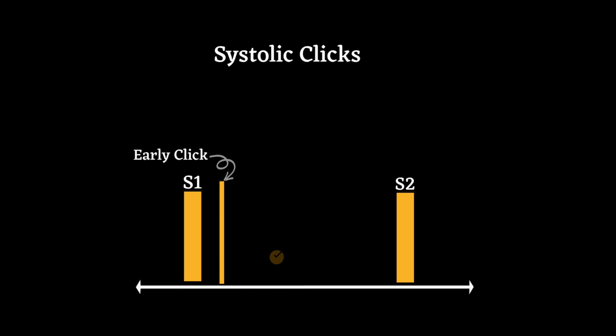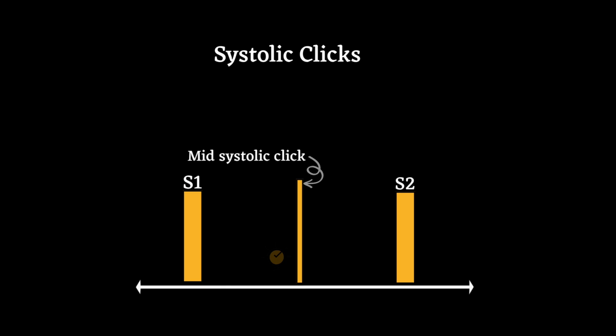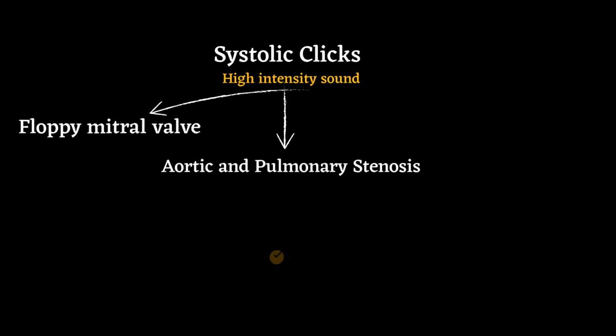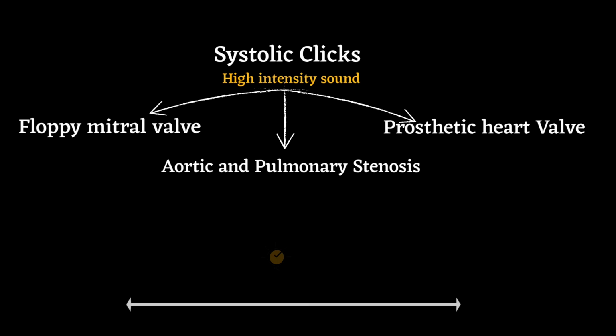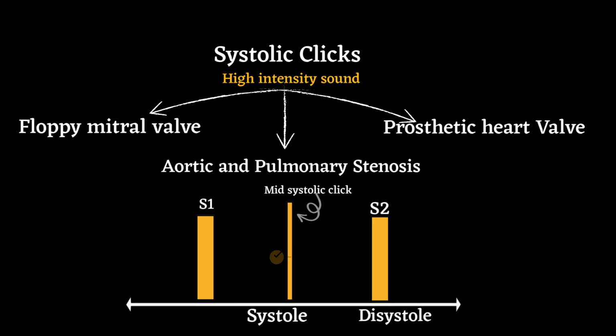Other sounds include systolic clicks in early or mid-systole, which are brief, high-intensity sounds that occur in aortic and pulmonary stenosis, floppy mitral valve, and prosthetic heart sounds from opening and closing of normally functioning mechanical valves, but this may be lost when a stenotic valve becomes thickened or calcified.